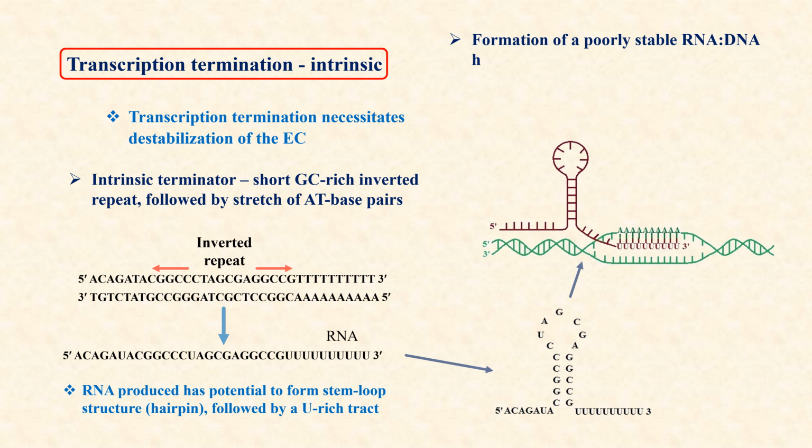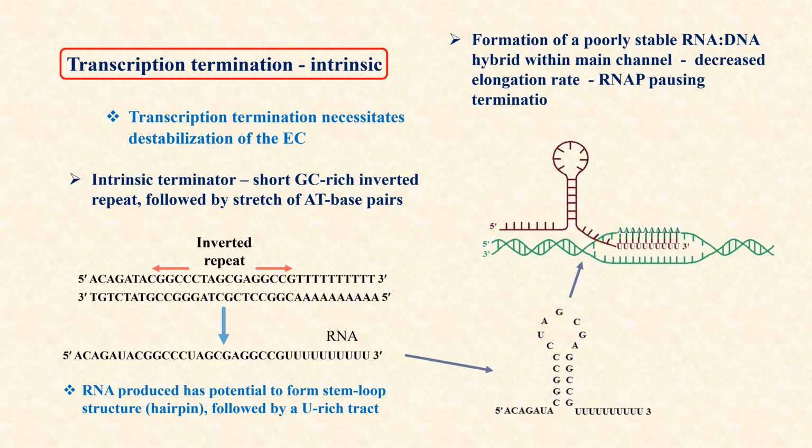As the terminator U tract is synthesized, formation of a poorly stable RNA-DNA hybrid within the main channel leads to decreased elongation rate and subsequently RNA polymerase pausing. This provides time for the terminator hairpin to form at a stage when it can invade the RNA exit channel of the RNAP. The event triggers the elongation complex destabilization and finally dissociation.